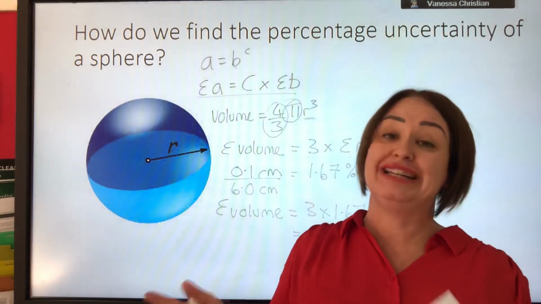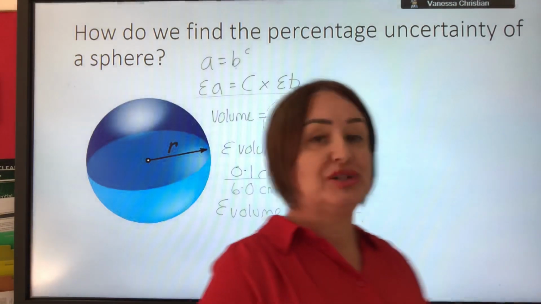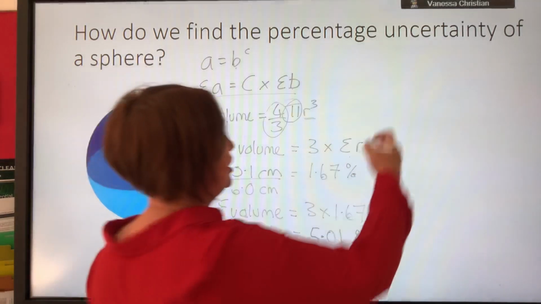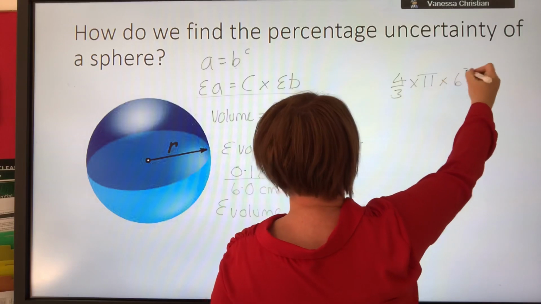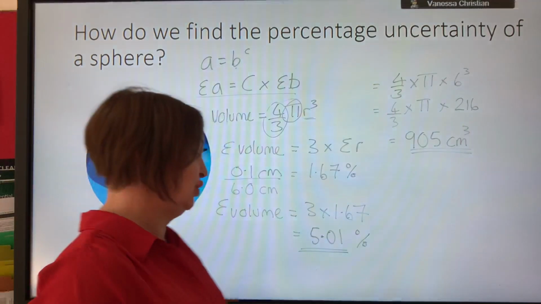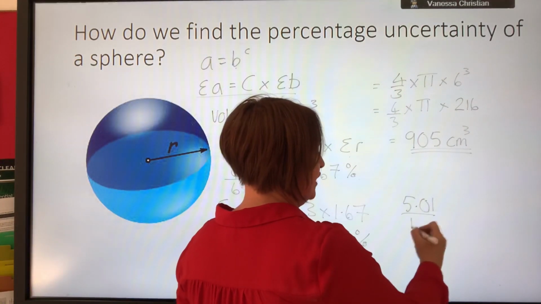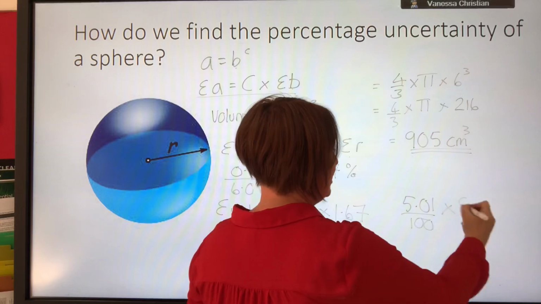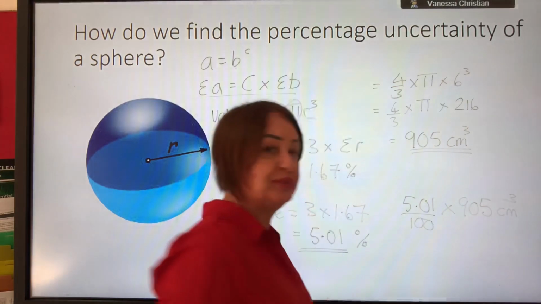So at this point we actually need to calculate the volume of the sphere to turn it into absolute uncertainty. So I'm going to go 4 over 3 times pi times 6 cubed. So now projecting that back to a volume, I'm going to say 5.01 divided by 100 times 905 centimetres cubed.